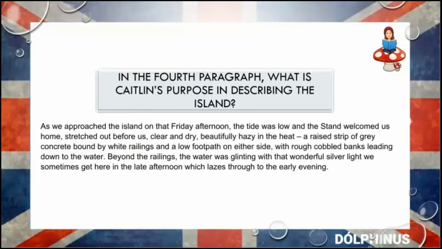In the fourth paragraph, what is Kathleen's purpose in describing the island? If you're doing it with me, time to click. You see, this paragraph is not divided into sections. So we read it, we just get the general idea, and then we go to the multiple choice questions.